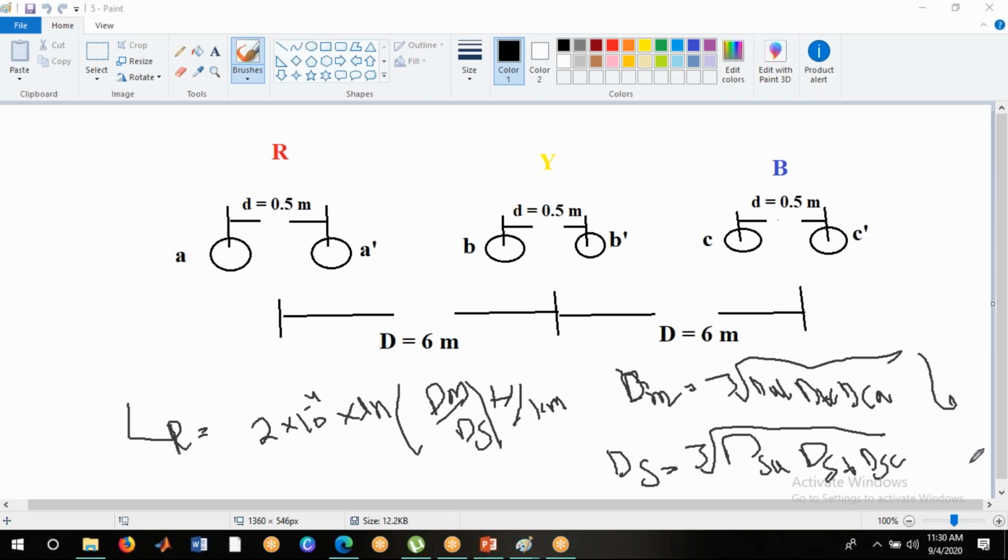Just note down these two formulas when they're asking for a three-phase transposed system. Now we have to find DAB, DBC, DCA for getting the dm value, and DSA, DSB, DSC for getting the ds value.